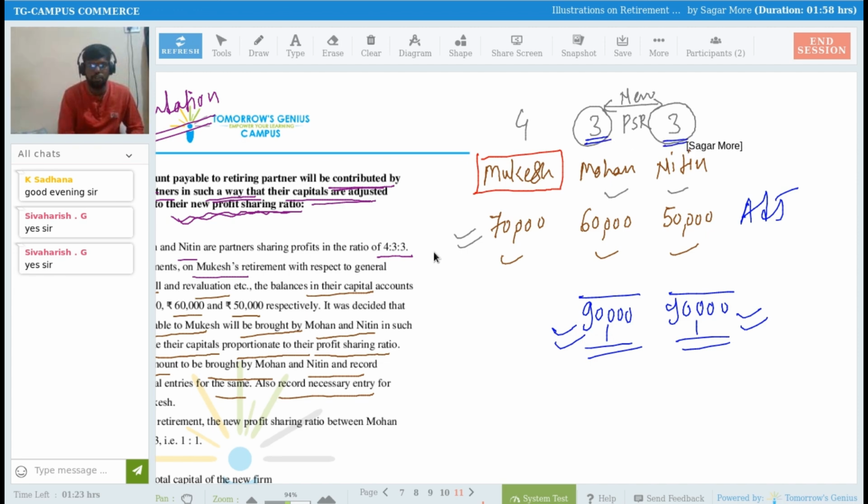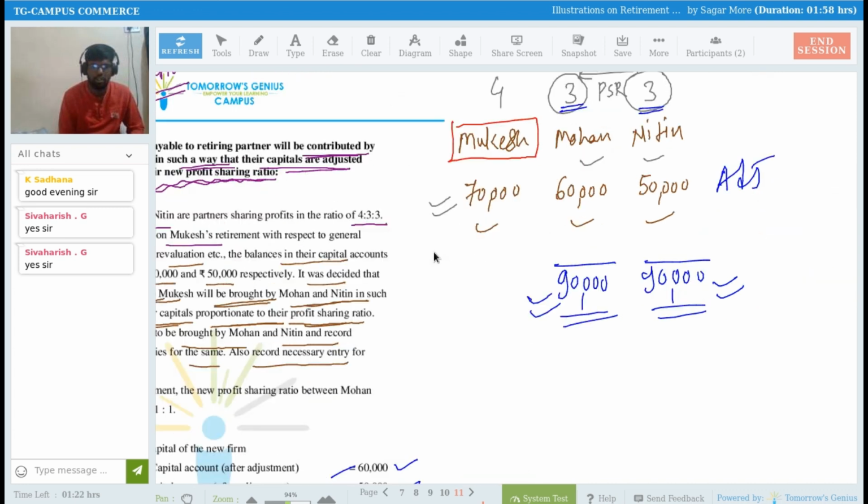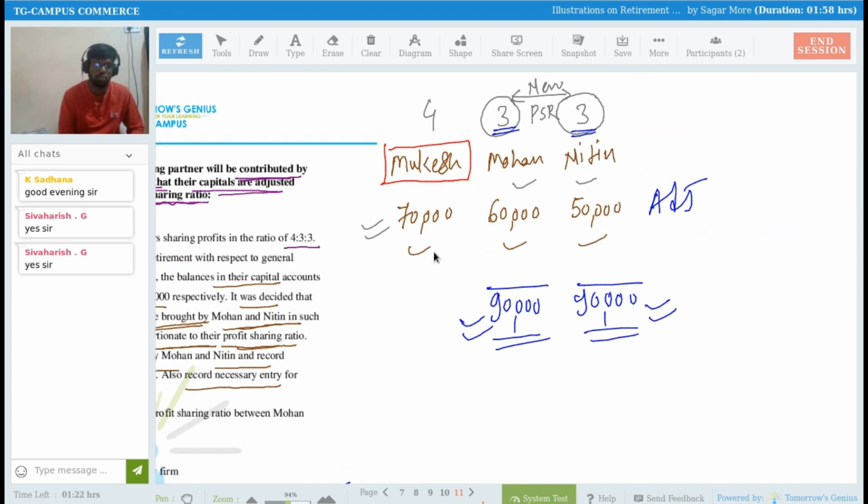See, it is given that they should bring such an amount into the business. It was decided that the amount payable to Mukesh will be brought by Mohan and Nitin in such a way as to make their capital proportionate to their profit sharing ratio. Yes, sir, I have done it proportionately as per the profit sharing ratio.